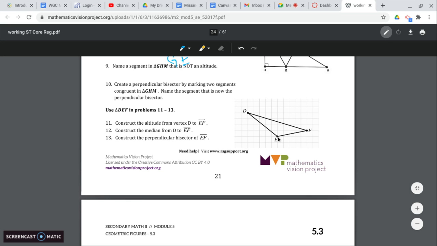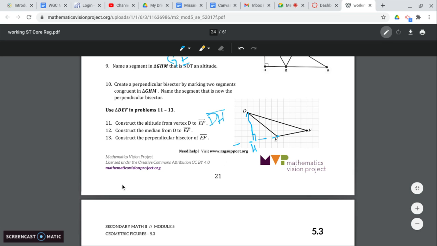We're actually going to extend out this side, and then we can draw. Mine is not going to be perfect, as you know. Trying to draw on the computer is not the easiest, but yours will be a lot better. So you want to make sure that you get a nice perpendicular angle here, coming straight down and extending to the outside. So sometimes our altitudes can be on the outside. So we have the line segment DH.